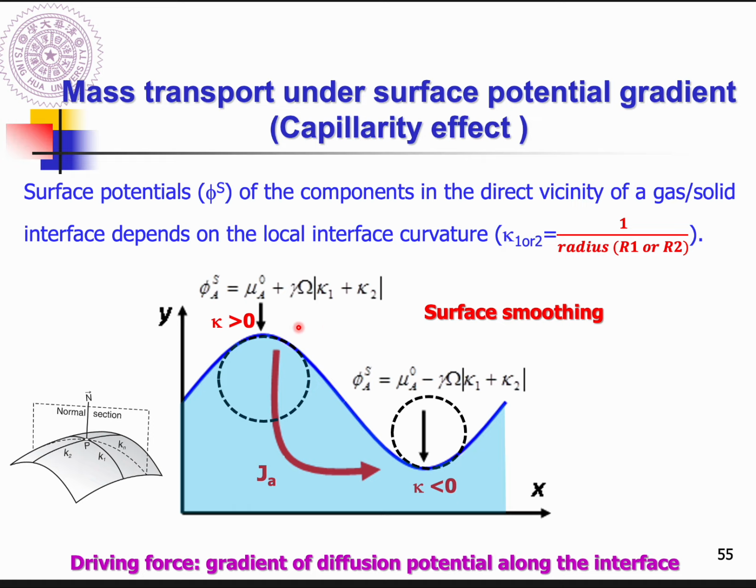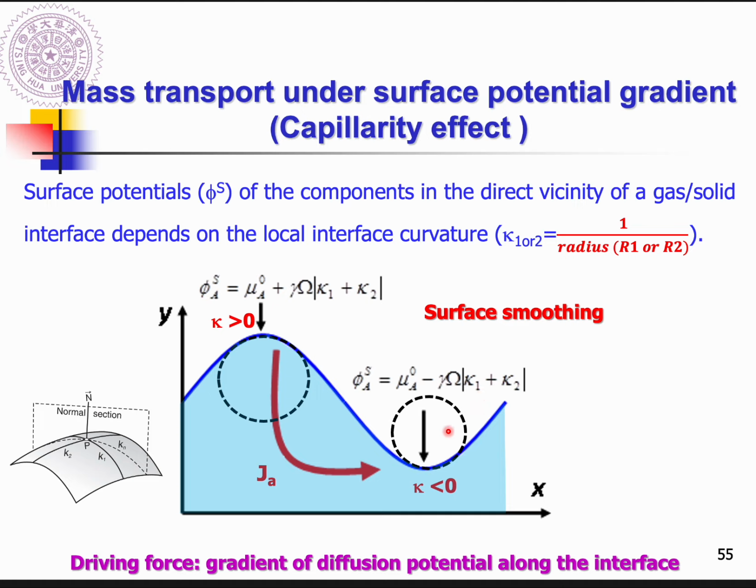And this term is positive, which means kappa 1 and kappa 2 are positive. And at this region, the surface potential is that on the flat surface minus the extra term. If you take the minus out, you can consider this kappa negative.